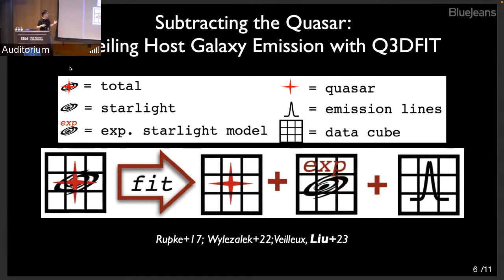First of all, we can build a quasar spectral template from the innermost region of this IFU data cube, where the emission is basically pure quasar emission. And then for each spectrum extracted from the IFU data cube, we can fit it with 3 components: a quasar template with a free scaling factor, some polynomials representing the host galaxy continuum emission, and finally a set of Gaussian functions representing the emission lines from the host galaxy.